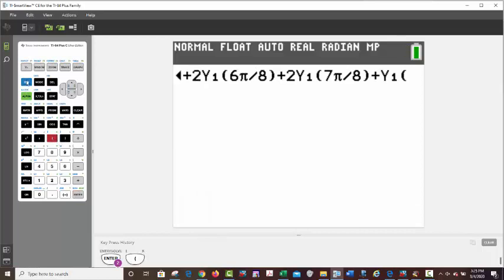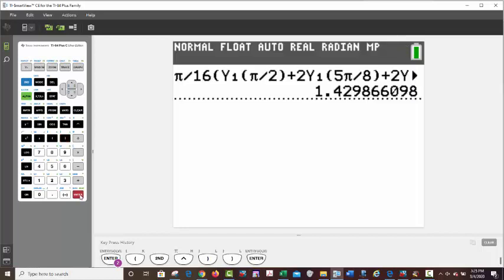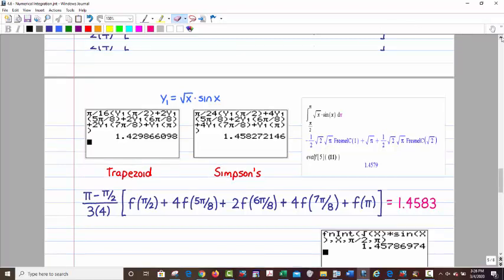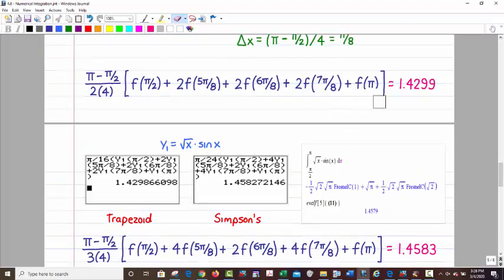And then we'll finish with pi. The last one does not have a coefficient of 2 in front. Close the parentheses right there, and let's see what we get. And we can compare that to what I had before. Yep, that's it. So the trapezoidal rule to 4 decimal places will yield, go back up here, there's the formula, 1.4299.